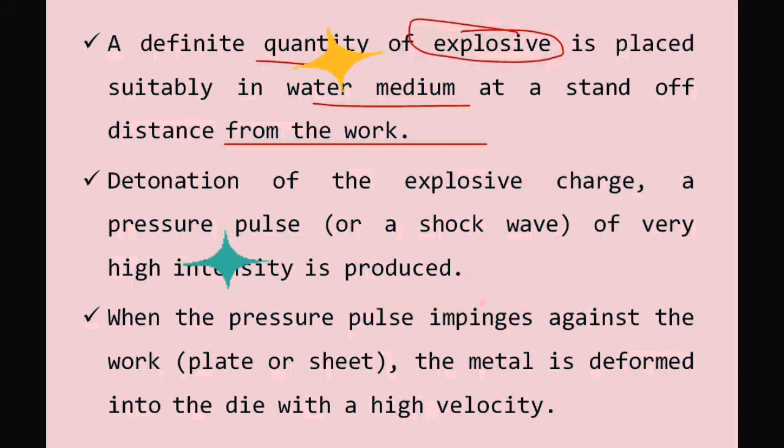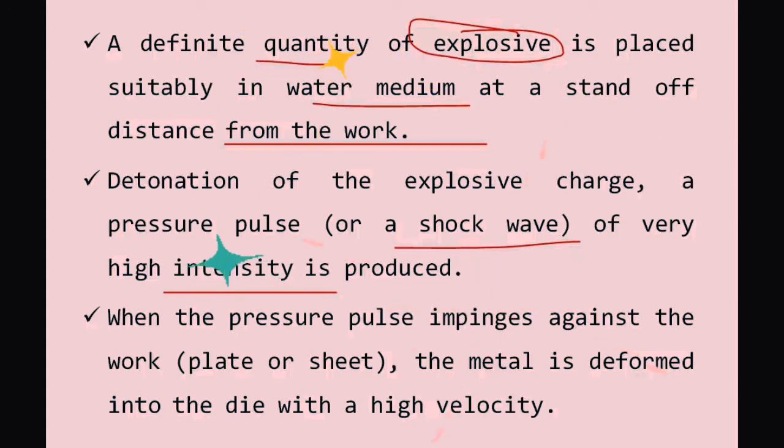It is called the SOD. On detonation of the explosive charge, a pressure pulse or shock wave of very high intensity is produced. Once the explosion is initiated, it gives an impact of force on that particular environment.